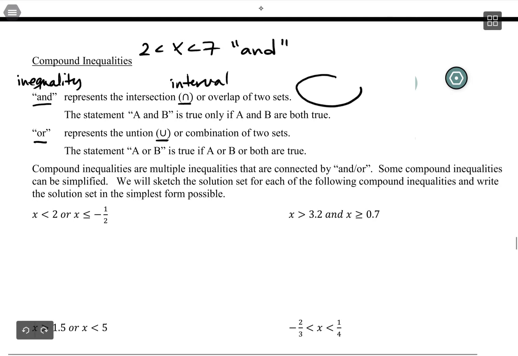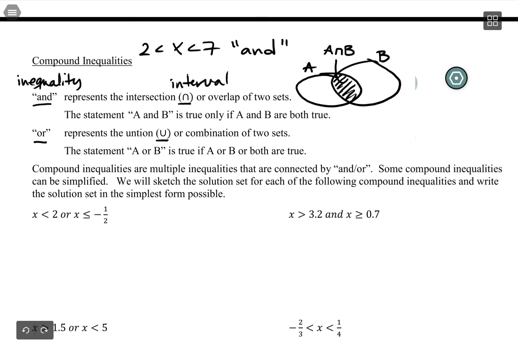And for a nice visual, I really like the Venn diagram version of this. If this is set A and this is set B, the values that make A and B true are in here. This is the A intersect B, or A and B. So the intersection of two sets is the and. Or is the other one, and this is basically just the combination of the two sets.